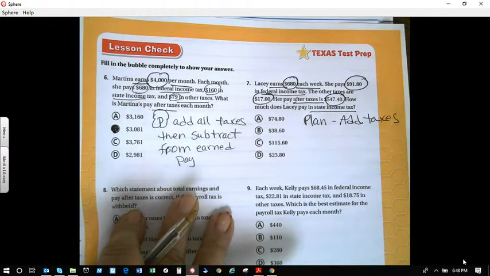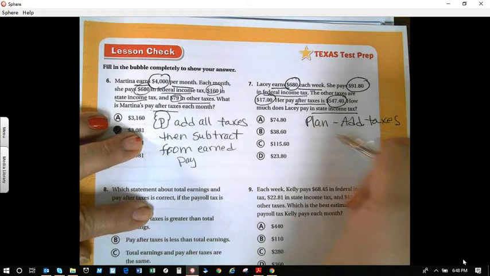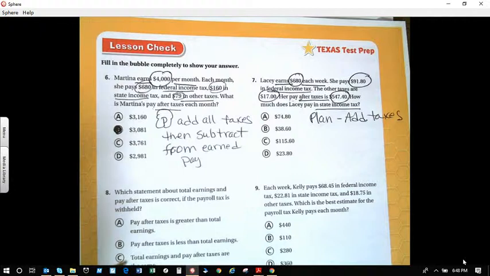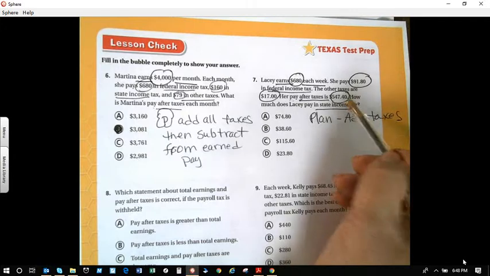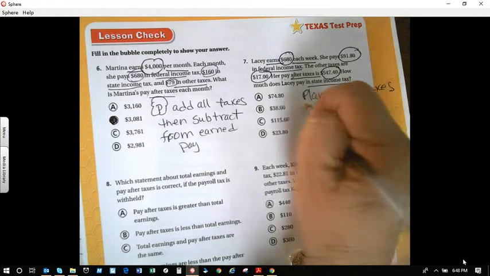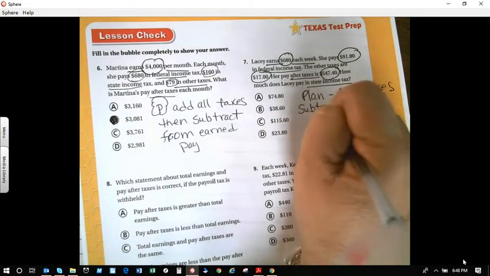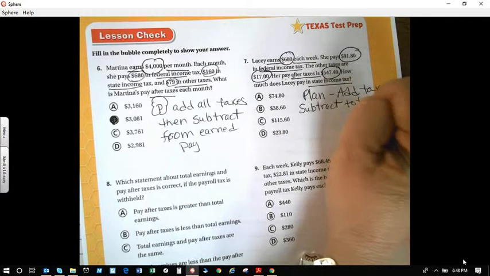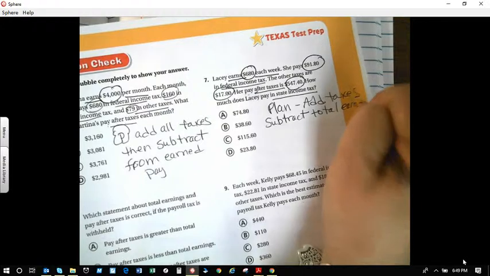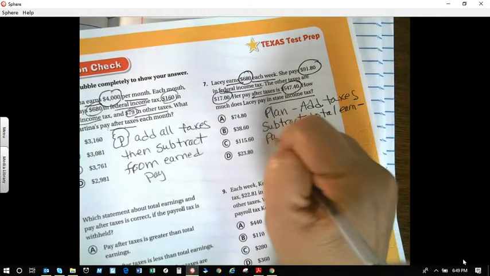Because this is her pay after taxes. So you'll take whatever that is and subtract that from $547.40. Right? Nope, you're going to take this one here, so now you're going to subtract total earned minus pay after taxes.